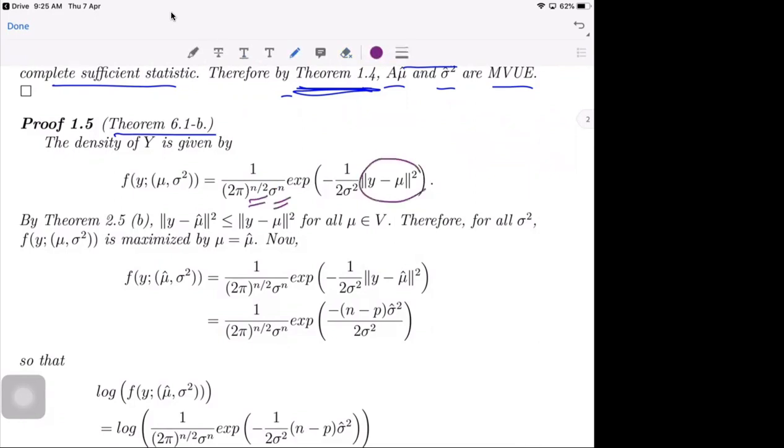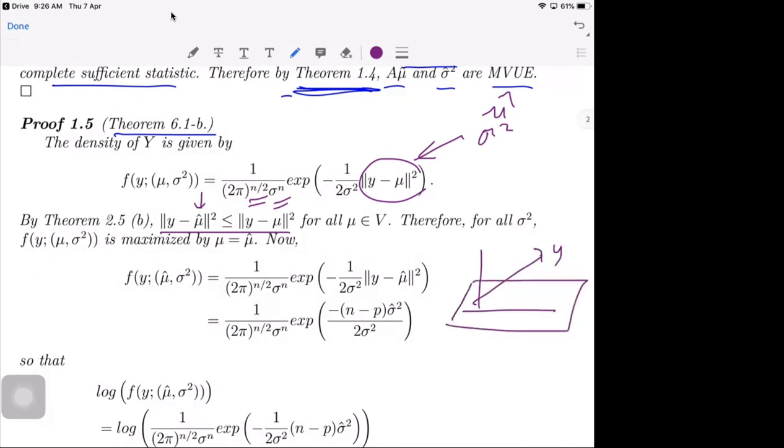And then you have to show this one to be a function of mu hat and sigma hat squared, no? So you know this relationship that the square norm from mu hat will be the shortest, or the length will be the shortest because it is nearest, no? So if you recall, if you have a vector y and you project it onto the subspace V, the projection of y onto V will be the one closest.